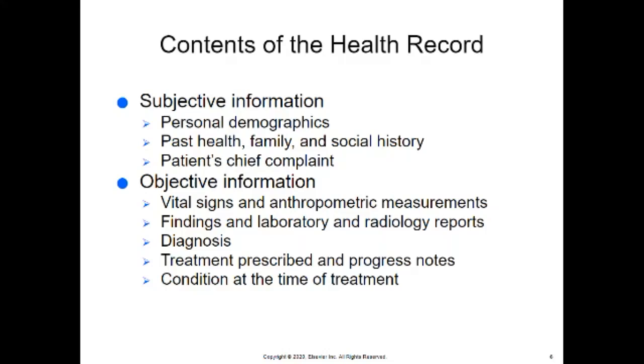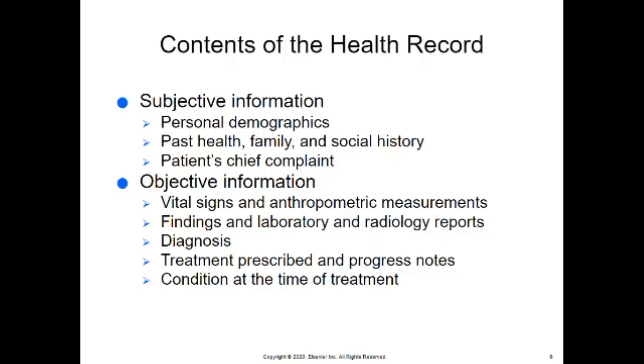Okay, so subjective information is information that's actually provided by the patient. Some examples of subjective information are your patient's address, social security number, insurance information, and description of what the patient is feeling. So the subjective information is provided by the patient.